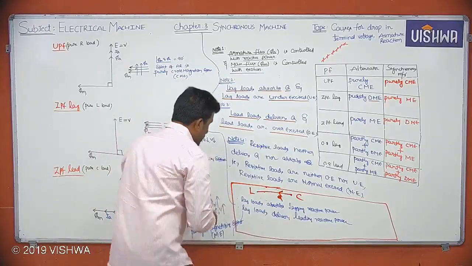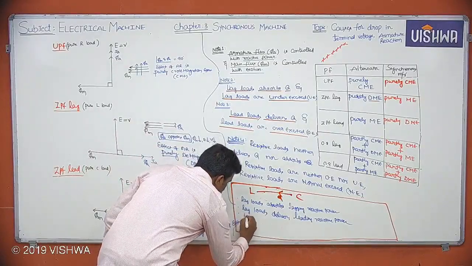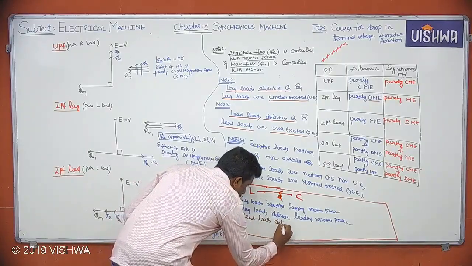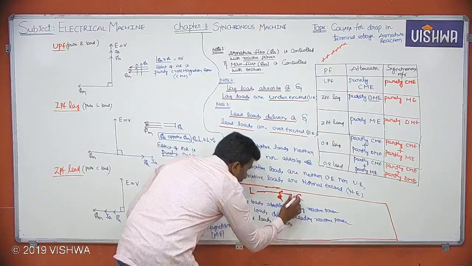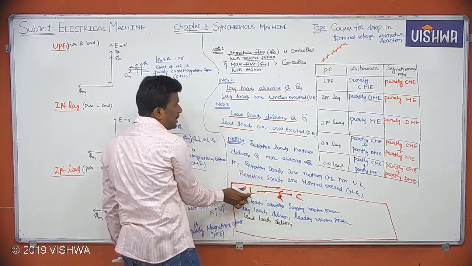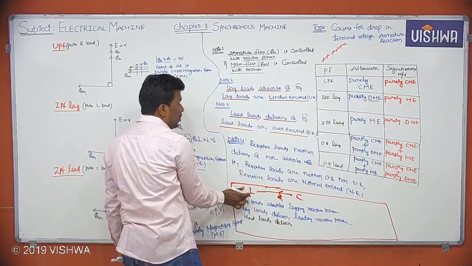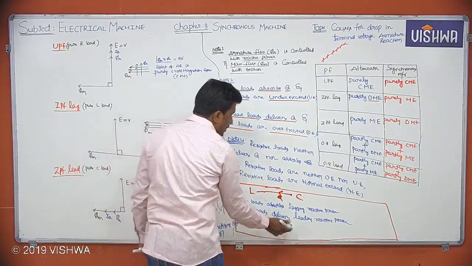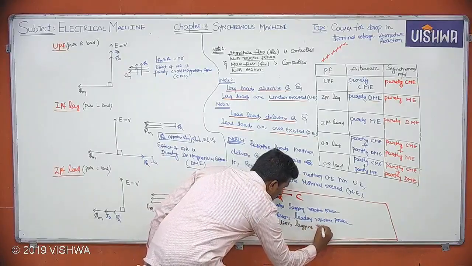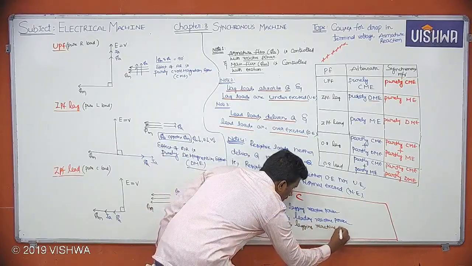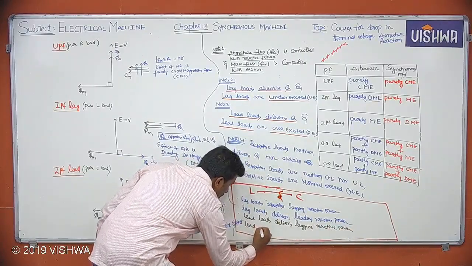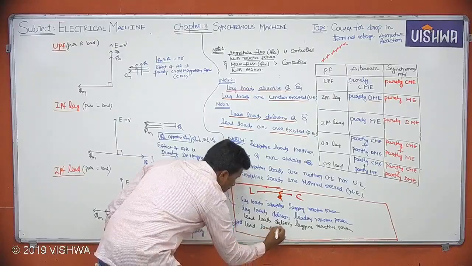So let me write here: lead loads deliver, from here it is leaving, going towards lagging loads. Simply, lead loads deliver lagging reactive power.